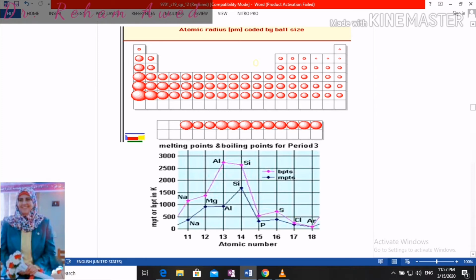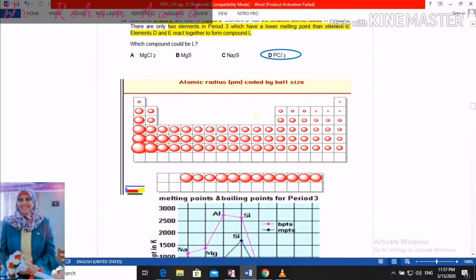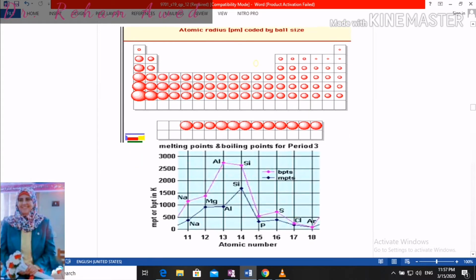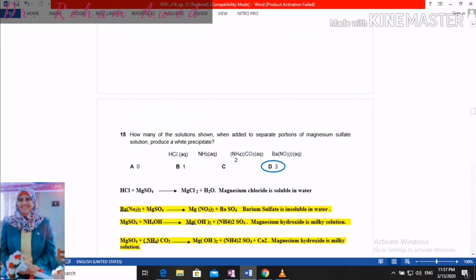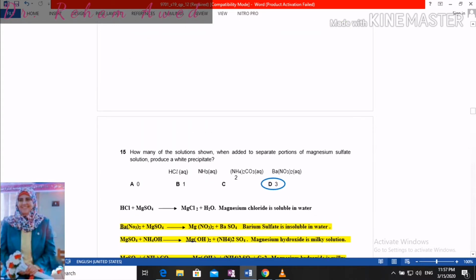Argon has a very low melting and boiling point. We are talking about noble gases. Noble gases are monoatomic molecules. So, of course, our best choice will be phosphorus chloride, PCl3.